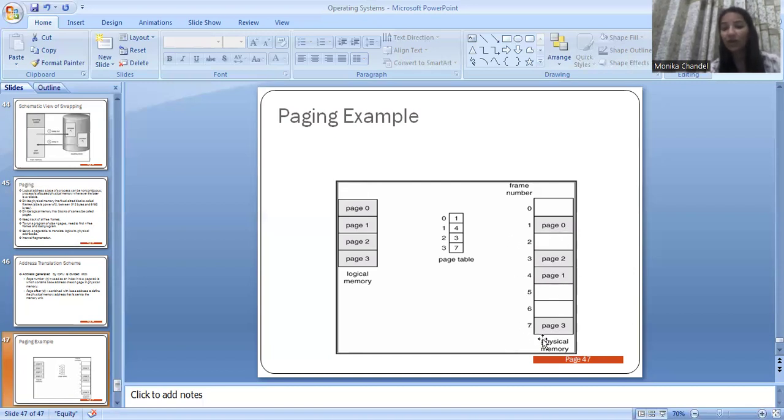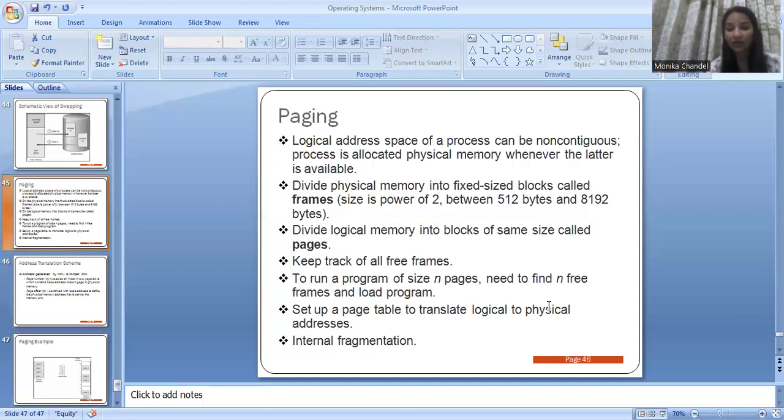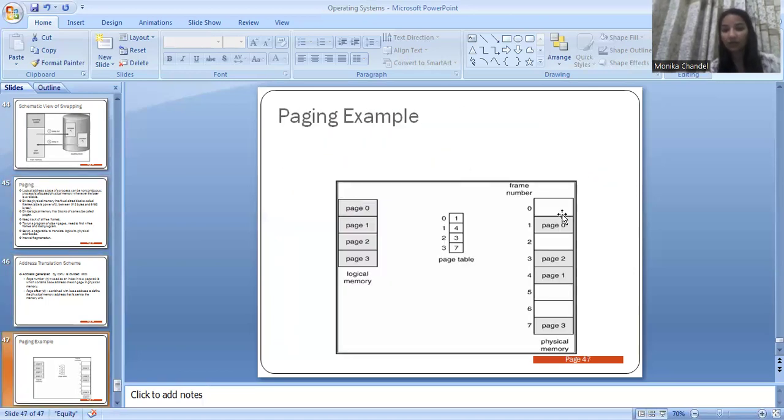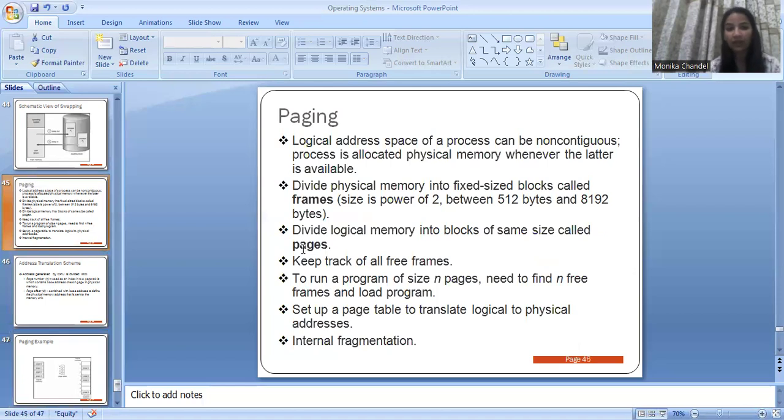There is no continuous data. We divide physical memory into fixed-size blocks called frames. This is our memory, and it is divided into frames. And next, we divide logical memory into blocks of the same size called pages.